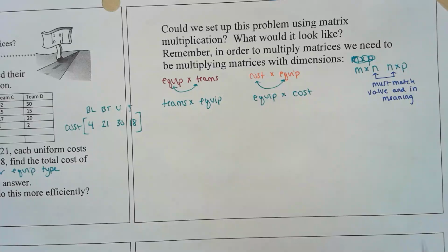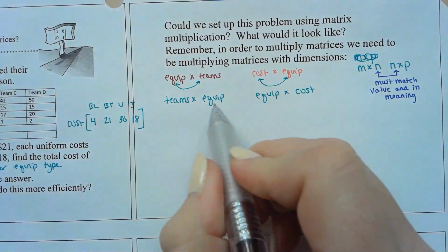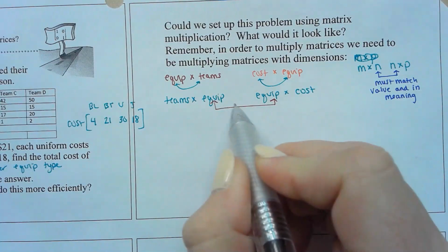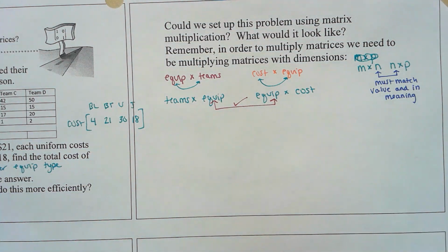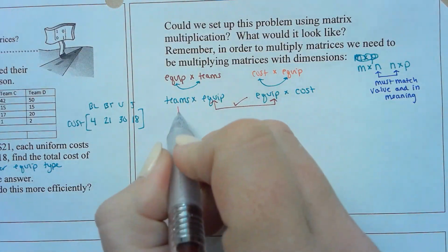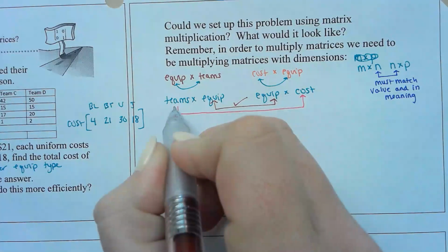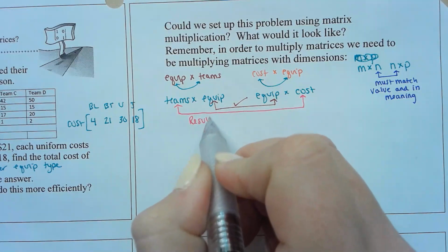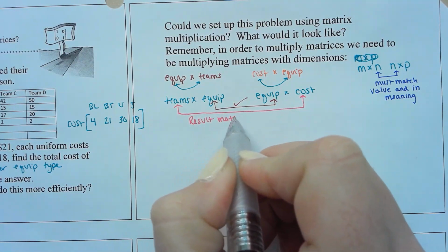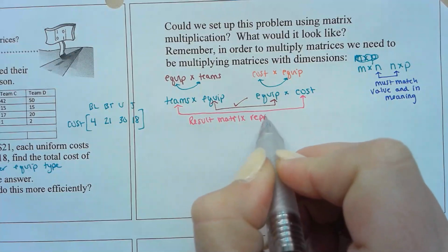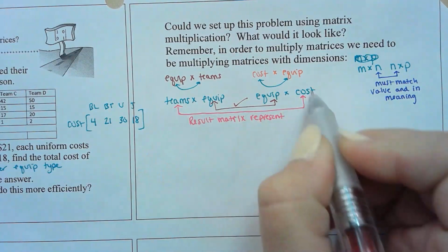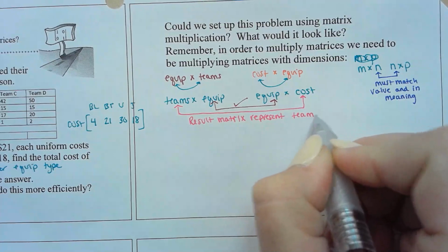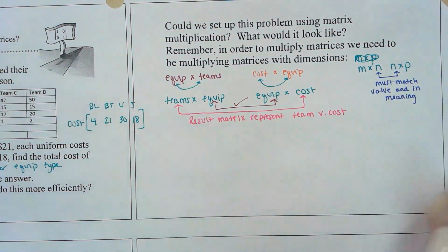Now these match, so we can multiply them, and this outside is going to give me not just the dimensions, but the meaning. My resultant matrix will represent the team versus the cost, which is exactly what we're looking for. Find the total cost of equipment for each team.